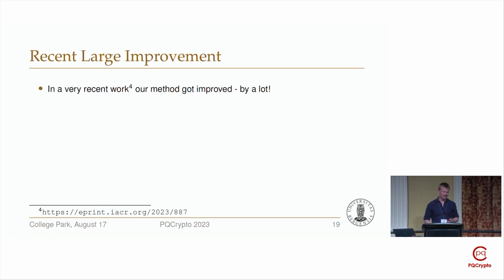Now, interesting timing here is that after we submitted our paper, but before this conference started, somebody made a huge improvement of our work. So I will say a few words on this too.